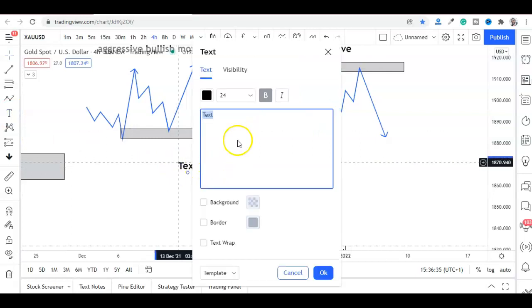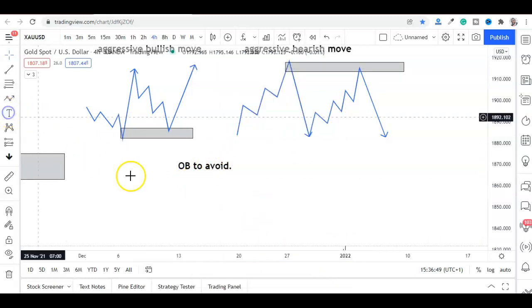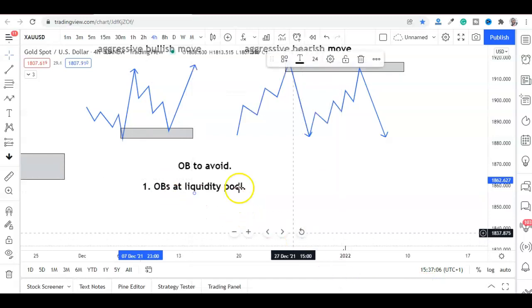These are the order blocks to avoid. I just categorize them into two. The first one is OBs at liquidity pool.